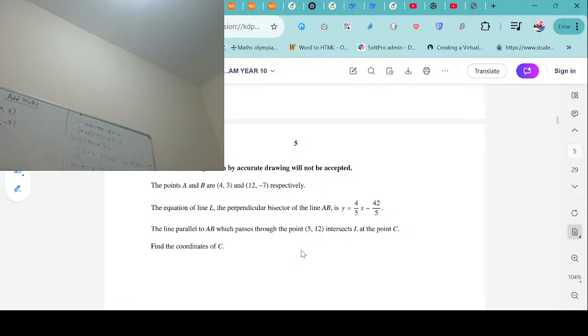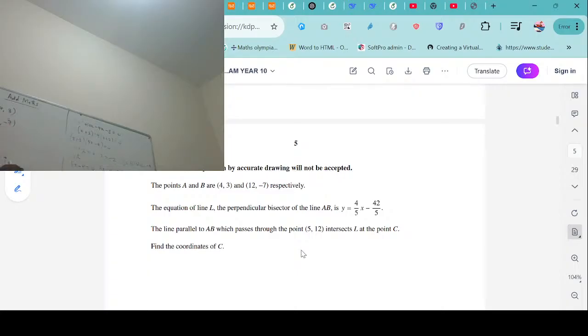So here is your graph. (4, 3) means 4 units to the right, 3 units above. So let's say it is somewhere here, just illustration. Of course, this is not exactly to scale, but it is a way of describing how to solve the problem.